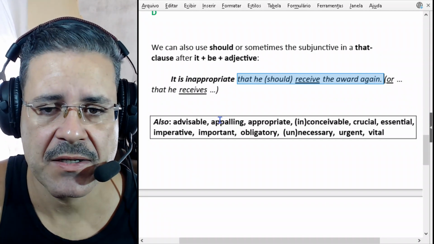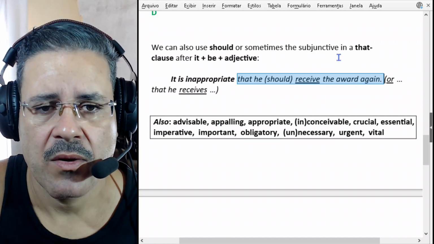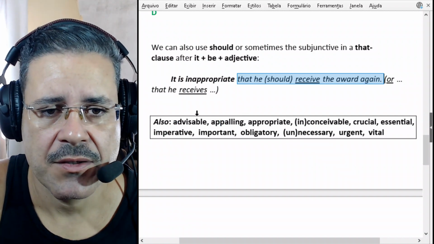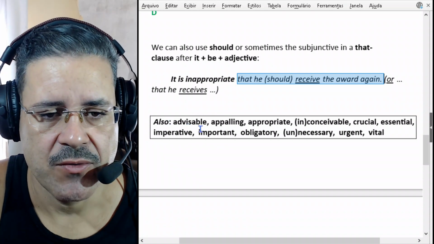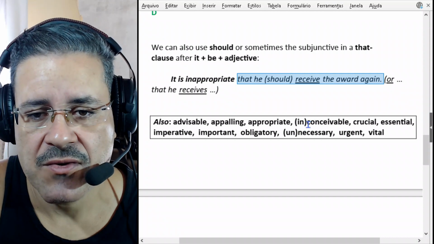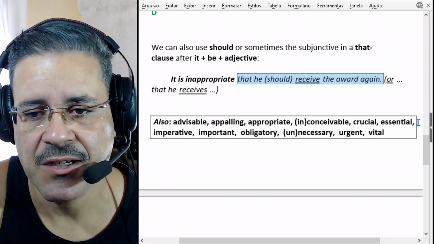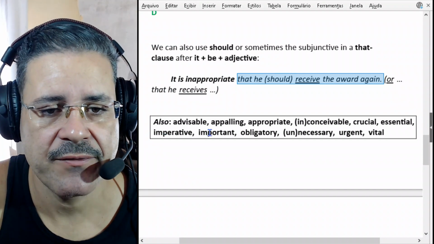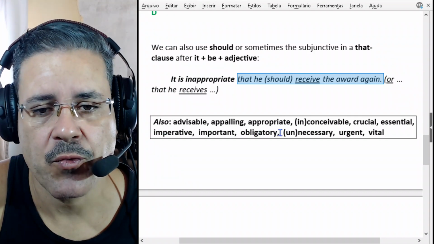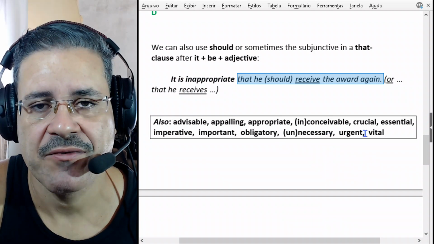We can use that pattern with the following adjectives: advisable, appalling, appropriate, conceivable, inconceivable, crucial, essential, imperative, important, obligatory, necessary, unnecessary, urgent, vital.